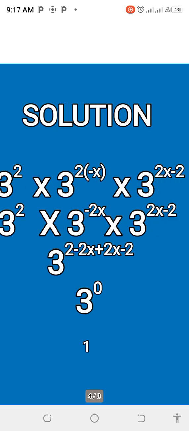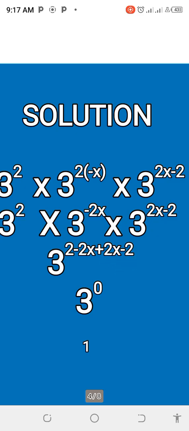We take the base and add the powers according to how they are in the term.